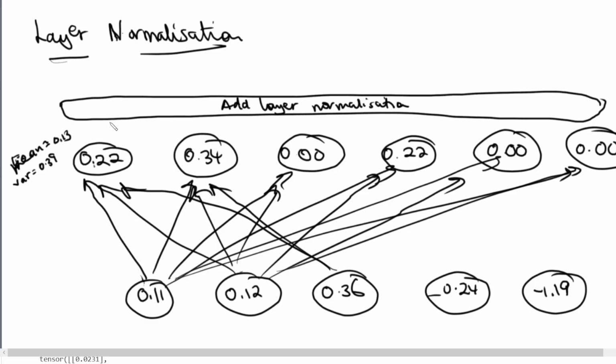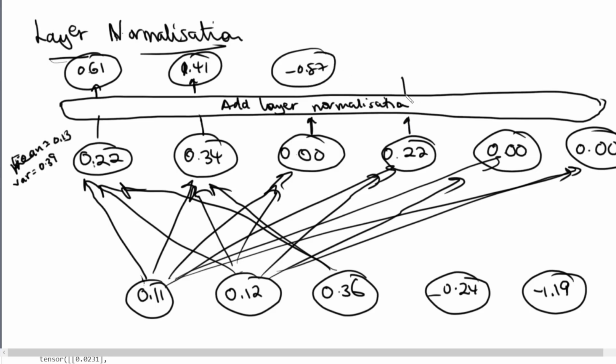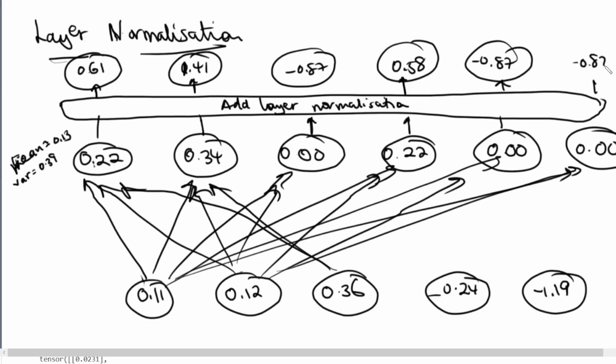When we add the layer normalization to the outputs of that layer, we will now get maybe the 0.22 converted to 0.61, and the 0.34 converted to 1.41. The 0.00 is converted to minus 0.87, the other 0.22 is converted to 0.58, and here we'll have a minus 0.87 and another minus 0.87.